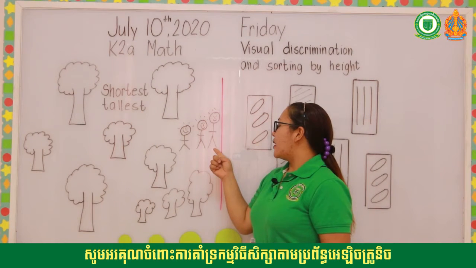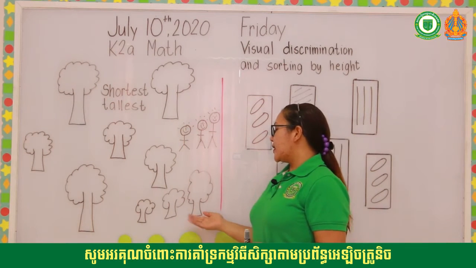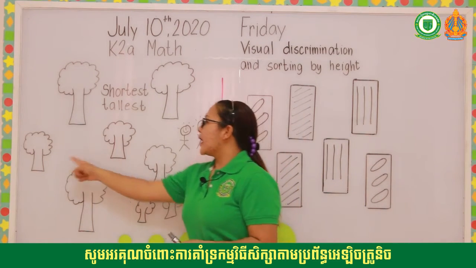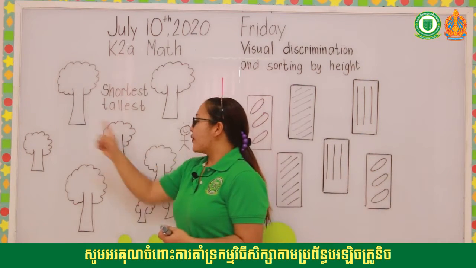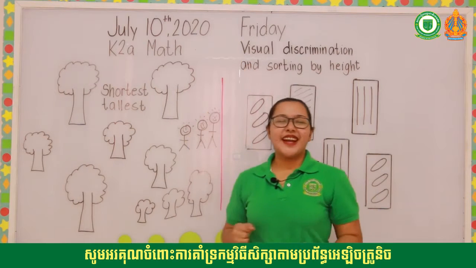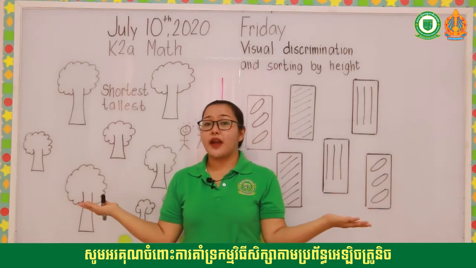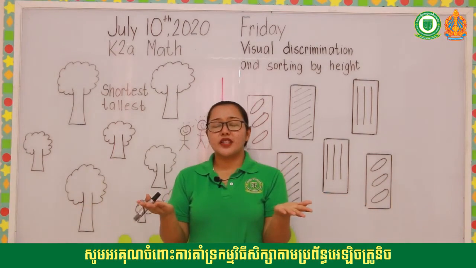This is a tall boy, and he is the tallest among the group. And these 3 trees are short. These 3 trees are tall. All right, kids, I'll see you later. Let's have more activities about our topic today. So please watch the video.